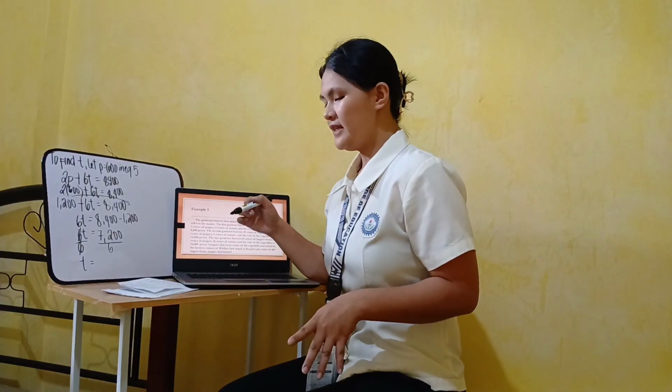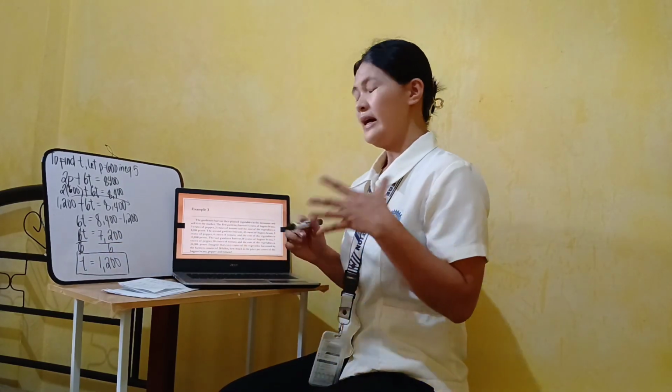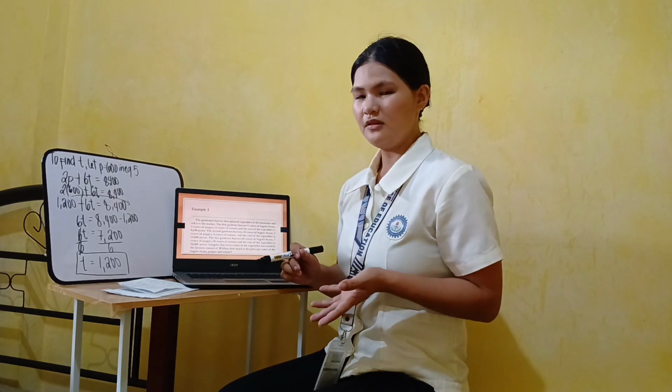After that, divide both sides by 6 to cancel out, and t is equal to 7,200 divided by 6 is equal to 1,200. Now we already have the value of t.